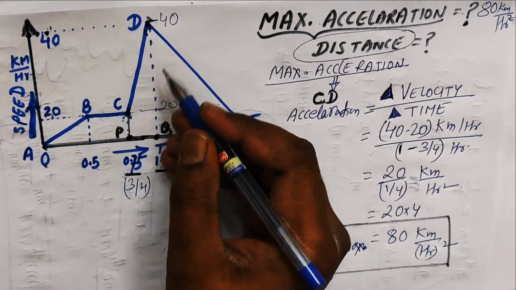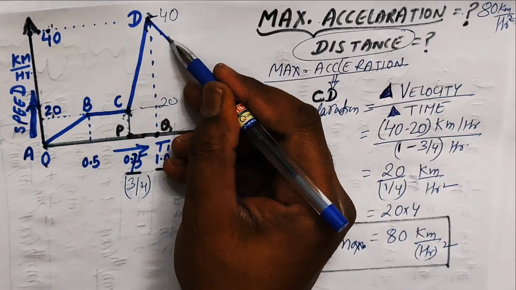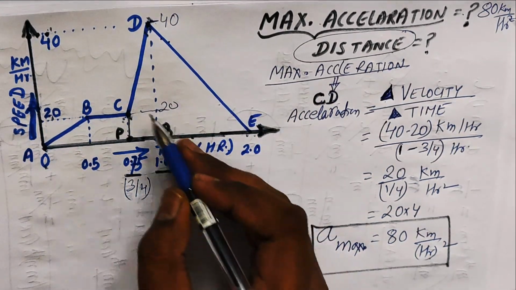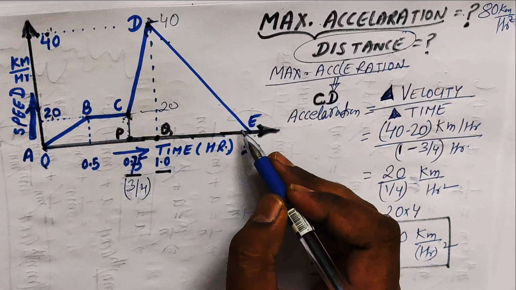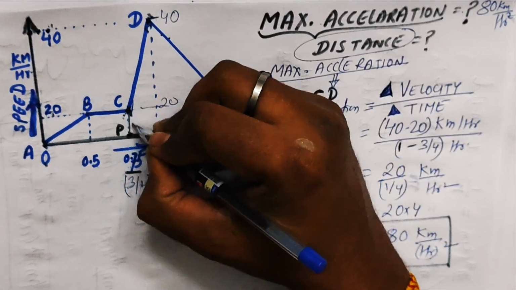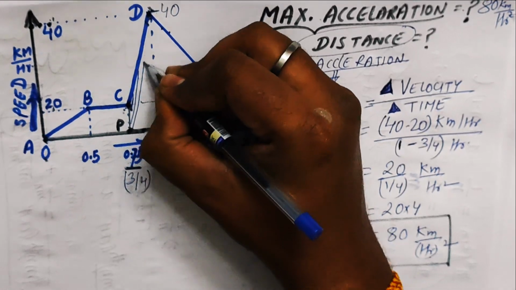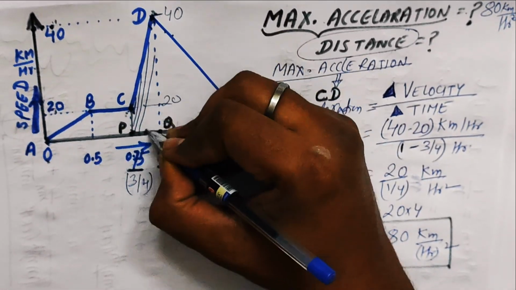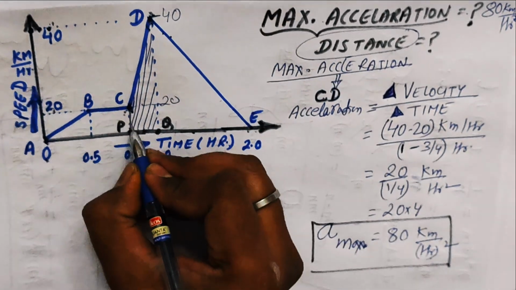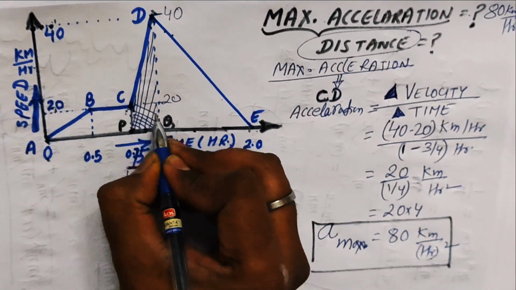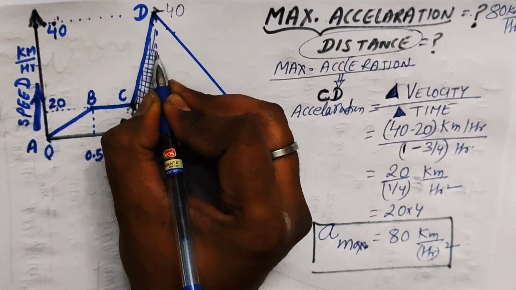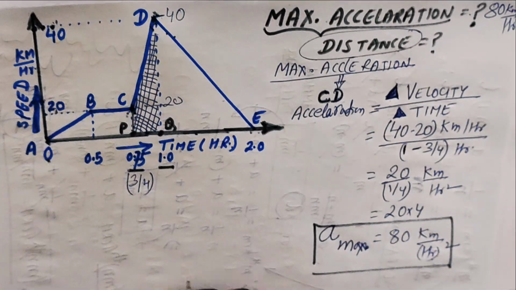So the distance covered during this time is the area under the corresponding velocity time graph. This is the velocity time graph, and under CD this will be the area which will be covered. Right? So how to calculate this area?